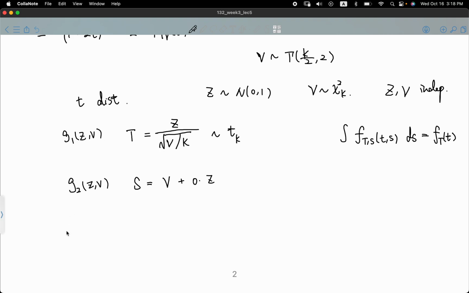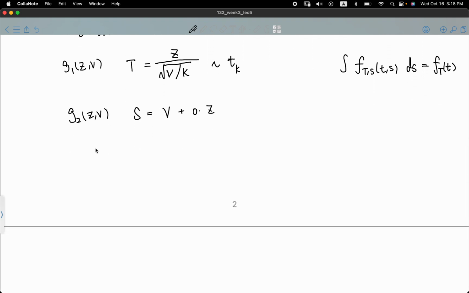By our procedure, we need to derive the h inverse. For h1, which is the z here, we are going to write t multiplied by the square root of v divided by k, and v is also s, so s divided by k.